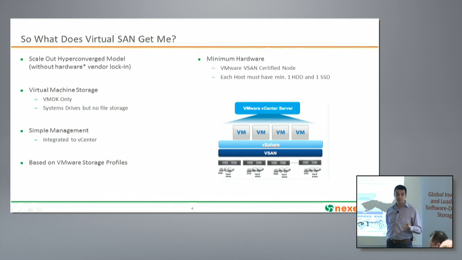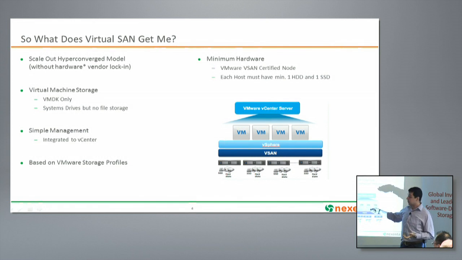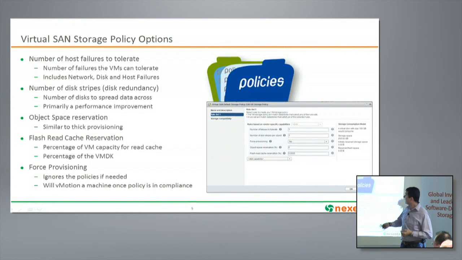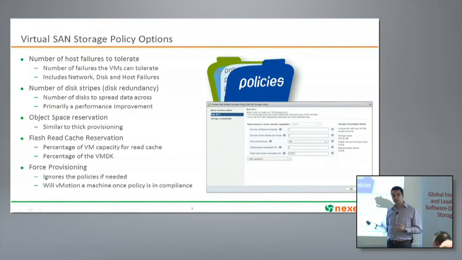If you have a small office, what you need is a couple of ESXi boxes, install vSAN, and you have everything in a box. And it's based on availability, based on VMware storage policies. In a simple way, you can compare it to a RAID level, what RAID controllers provide us.